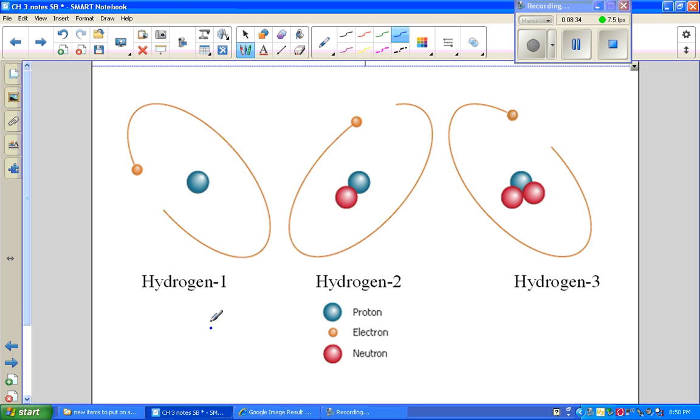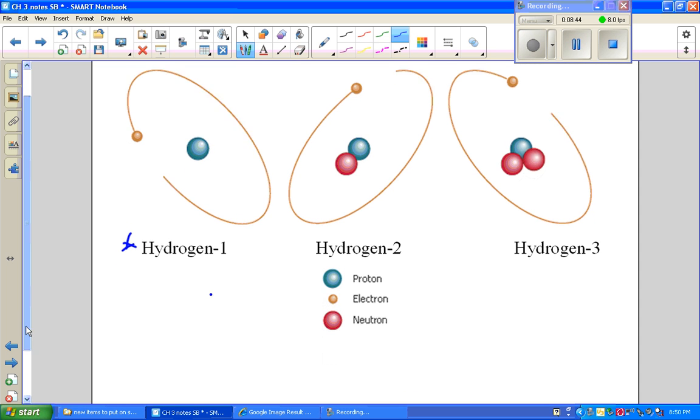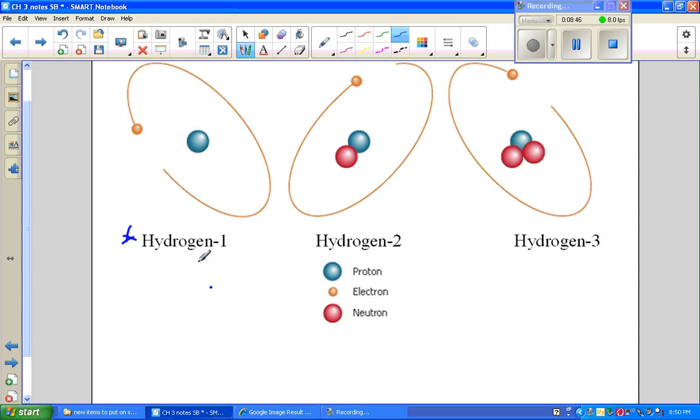Now if you look at this slide again, you can see that I have hydrogen 1, hydrogen 2, and hydrogen 3. Again, this is the one on the periodic chart, so that's the most common form. Make sure you're jotting that down. But I do have these other two that exist. So how are they different? You can see by my key, a proton is my blue sphere here, 1, 1, 1.